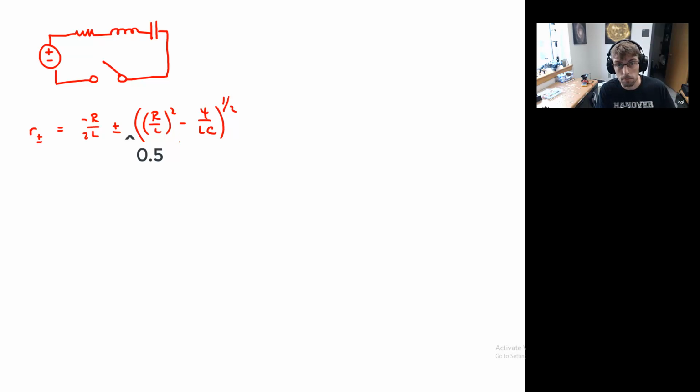The other thing that I would like to think about is how to get those coefficients A and B. So we had I of t, and let's go ahead and assume that we're overdamped at the moment.